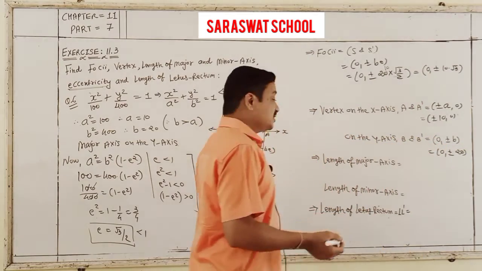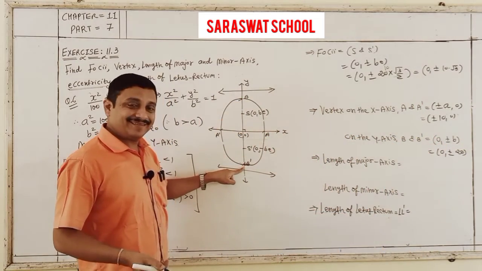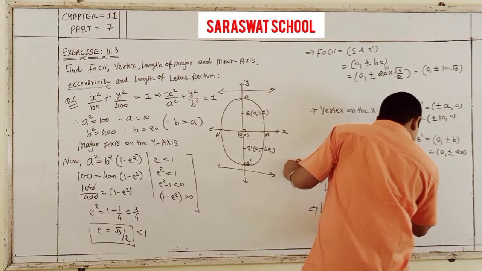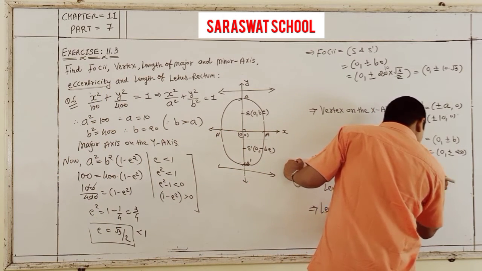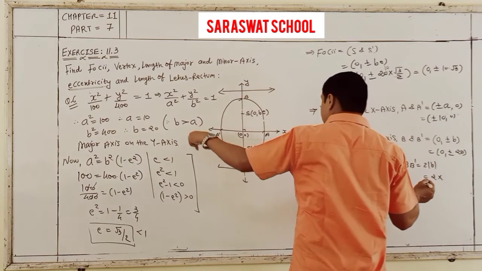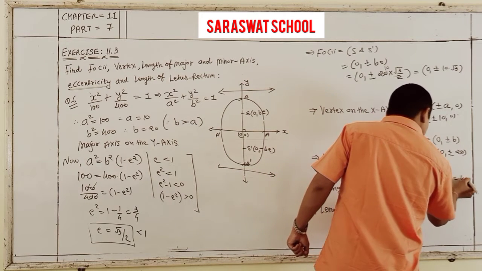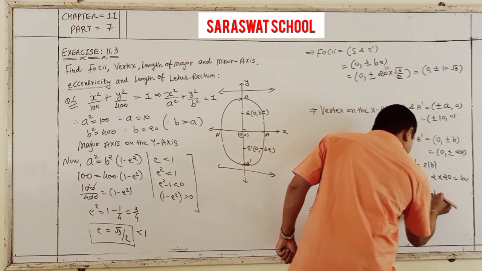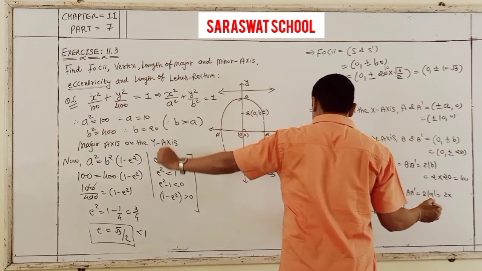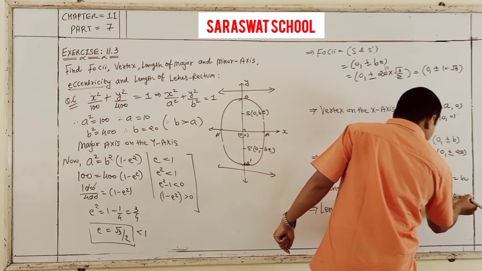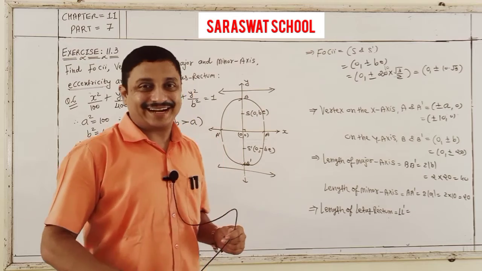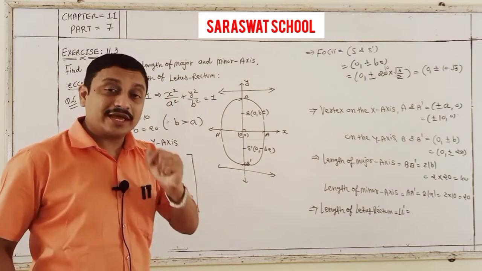Now length of major axis, that is the measure of maximum length covered on the y-axis, which is b dash, 2 modulus b, and b I have 20. Same for minor axis, a dash, 2 modulus a, but how much is a? A is 10, it becomes 20. Now length of latus rectum according to case number 2.